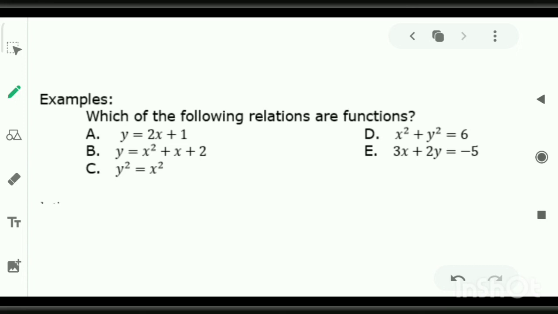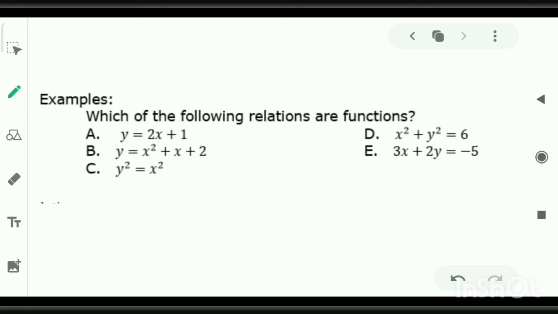Now, what you have to do is look at the exponent of y. If y contains an exponent which is odd, when we say odd, we have 1, 3, 5, 7, 9, and so on, then it will give you a function.